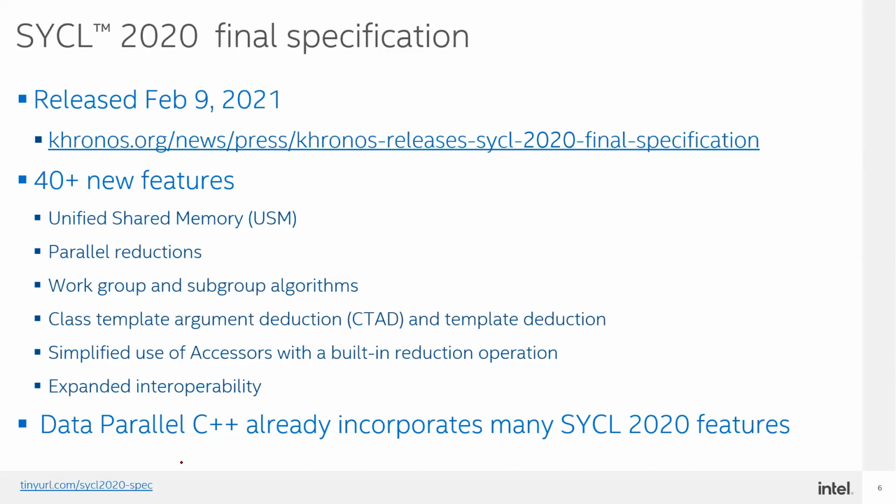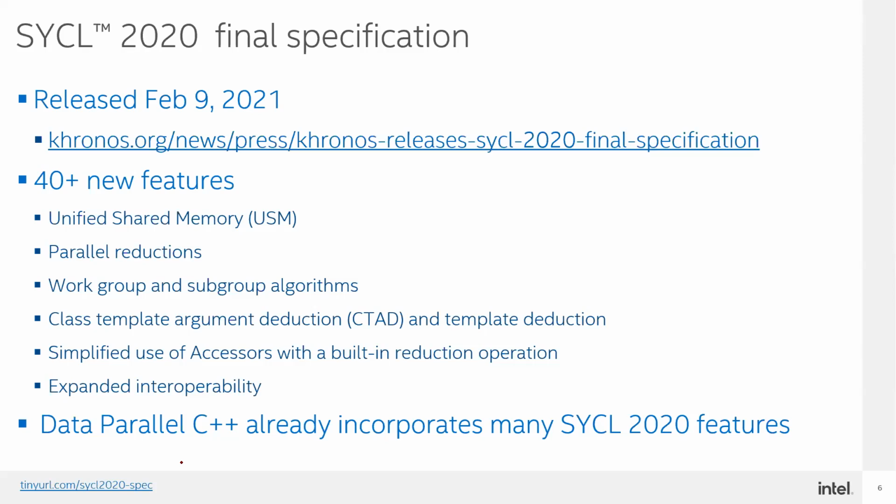And if you're familiar with SYCL 1.2.1, then I would recommend opening this link and going to the last section, Appendix D in this specification, which shows the difference between SYCL 2020 and 1.2.1. Because there are some major differences, and I will try to highlight some of them during this presentation.